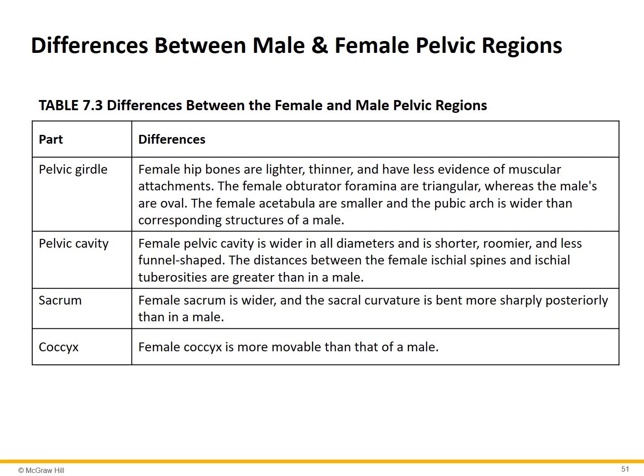Sacrum, females is wider, and the curvature, remember the curvature is not as sharp as a male, right? Male sacrum kind of curves inward, and the female coccyx is more movable than that of a male. So this is very common during childbirth, that the woman actually breaks the coccyx.